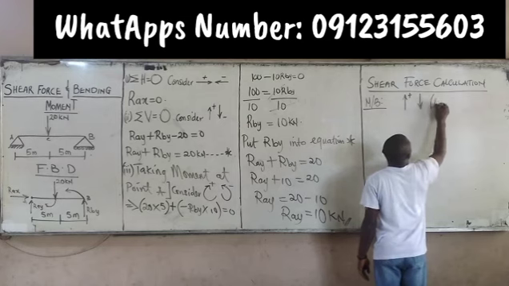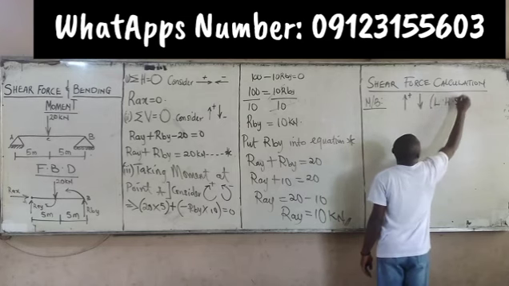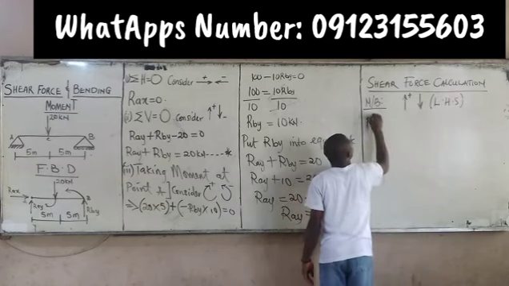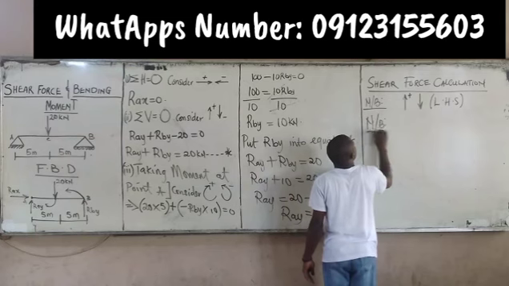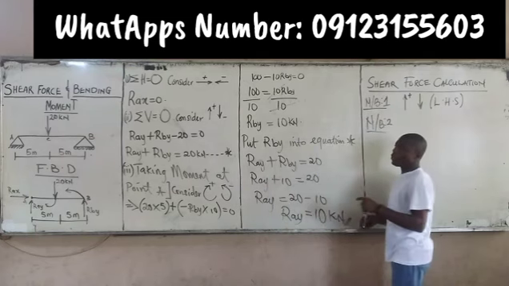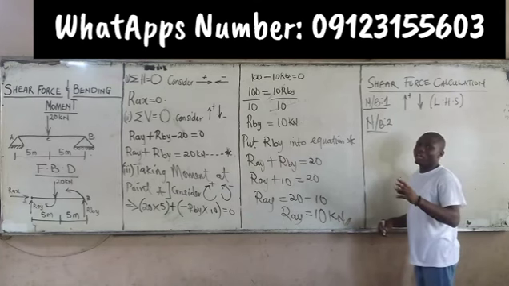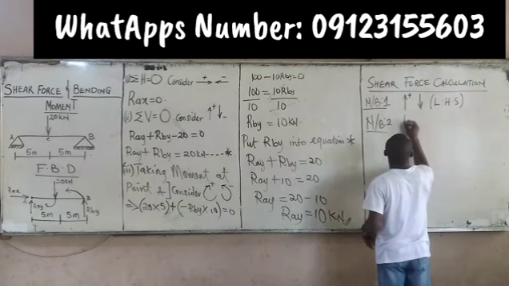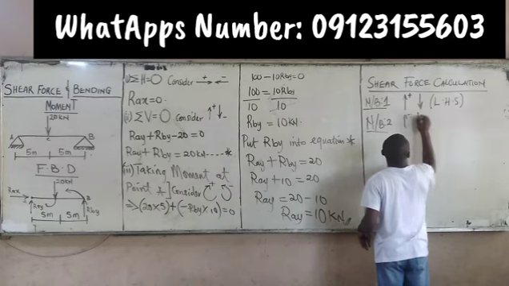Note number two, if you are taking readings from the right hand side, upward force becomes negative. This becomes positive. Right hand side.